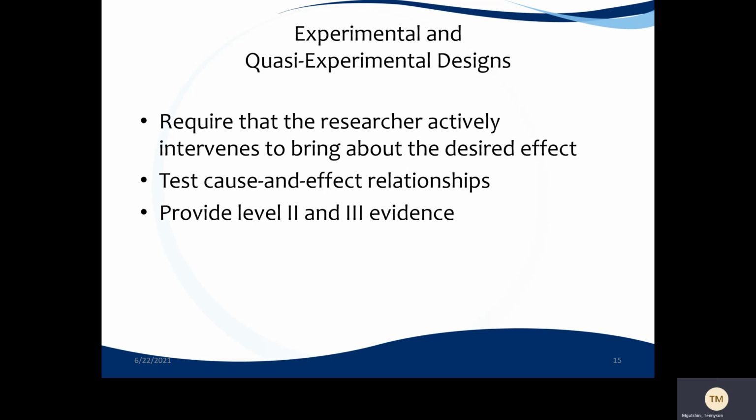Then we have what they call quasi-experimental designs. And quasi-experimental designs differ in that the prefix quasi means almost. If you check up what the word quasi means, that prefix usually means almost, or similar to, or something that emulates.